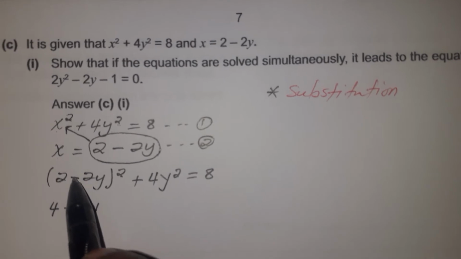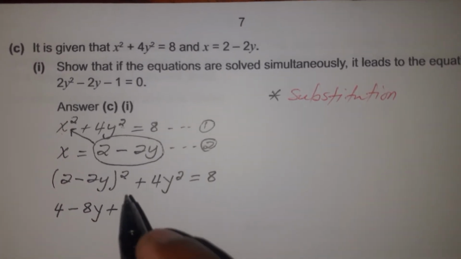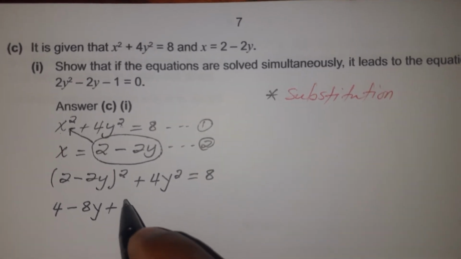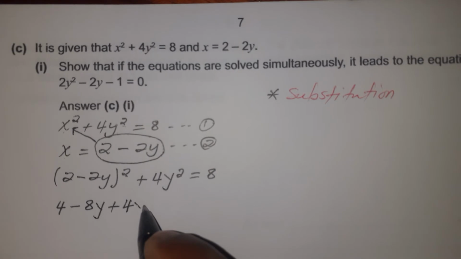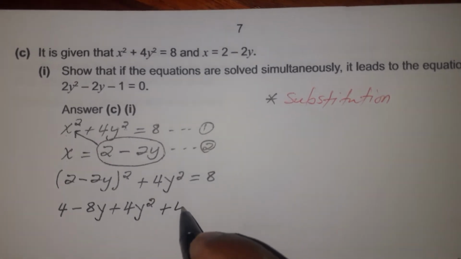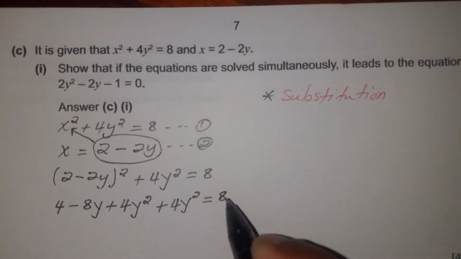And then we take the negative 2y, we raise it to the power 2 to get positive 4y squared, and then we write that plus 4y squared equal to 8.